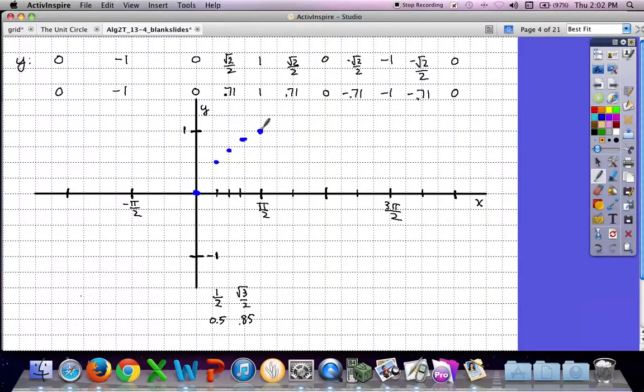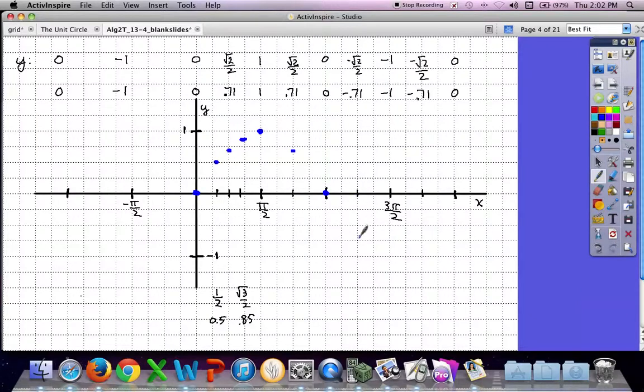You could just as easily be using degrees instead of radians. But most of the time when you see a graph, it is in radians. It would be the same graph. So then we can go along at root 2 over 2. This is back to 0.75 or 0.71. At pi, sine is back to 0. At 5 pi over 4, sine is negative root 2 over 2.